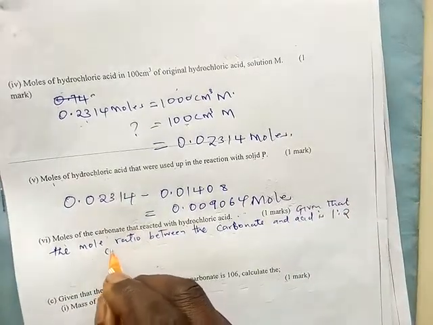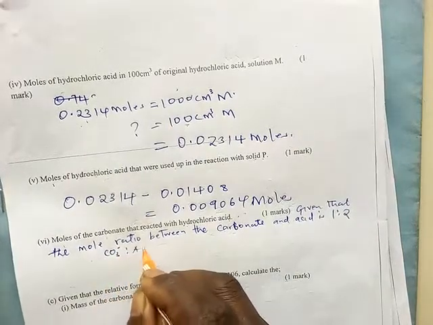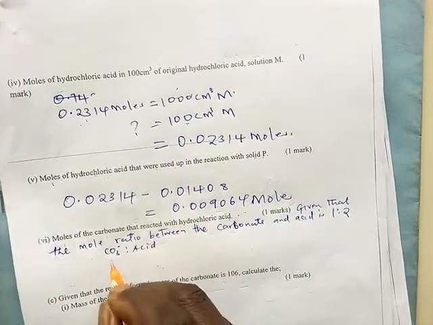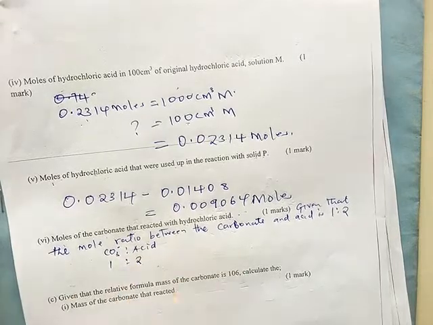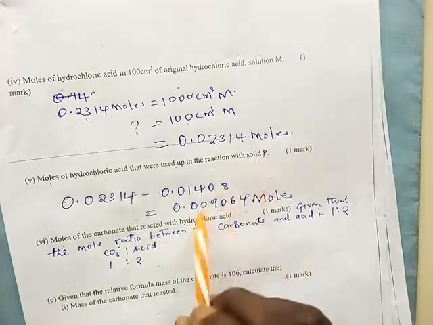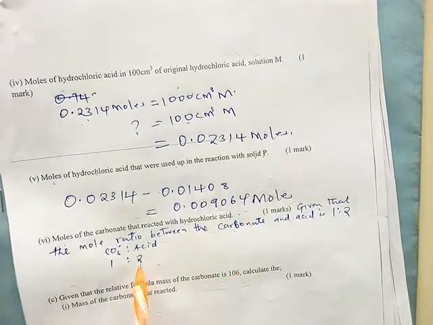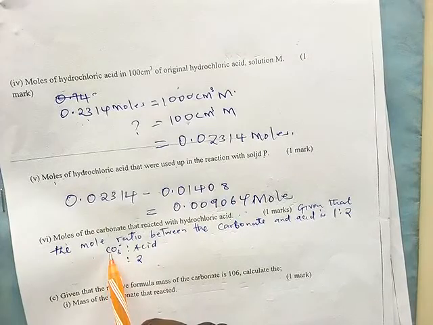So carbonate and the acid, the ratio is 1:2. But now we have the number of moles of the acid that reacted with P, which is the carbonate. So the acid is 2, so this is going to give you half of it.